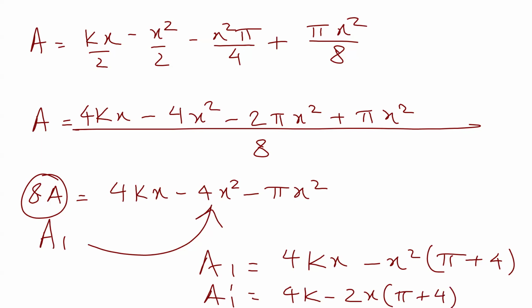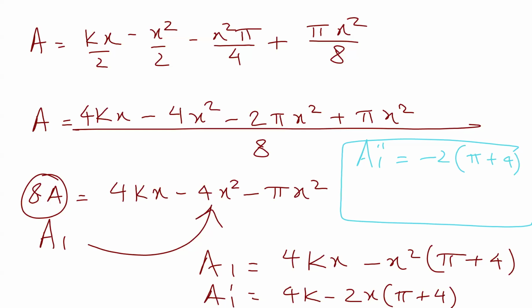And A1 double dash, second order derivative, is equal to minus 2 times 4 plus pi. This part is 0. Derivative of x is 1. So this is the second order derivative.